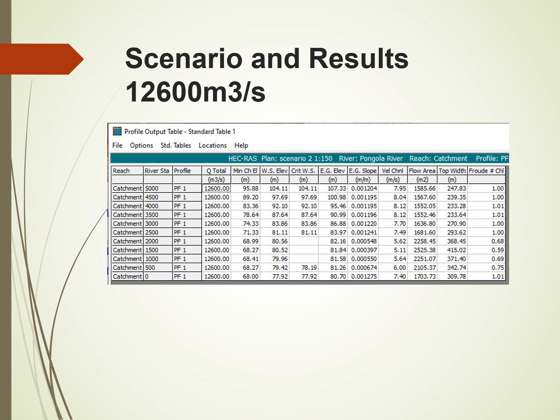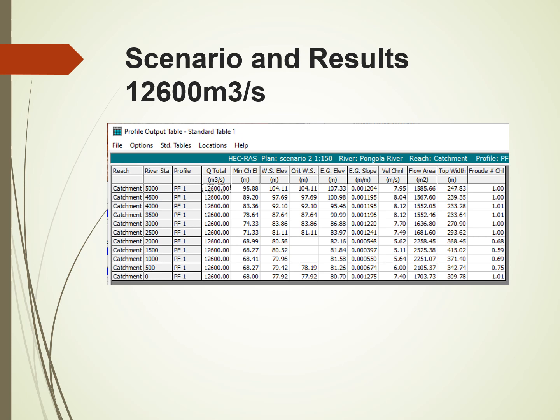Over here we can see the output table where we're having very similar things happening to the previous one, where we've got the Froude number of 1 from station 5000 right the way down to station 2500, which means that this is supercritical, and then it enters an area from 2000 down to 0 where it's subcritical.